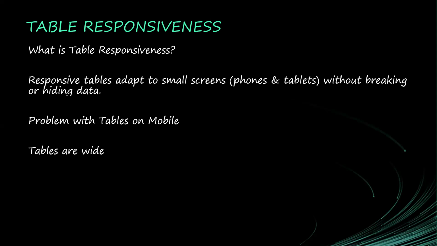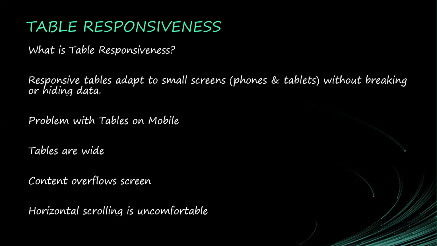Tables are wide. The content might overflow the screen. The table might be wider than the width of the screen of mobile devices. So horizontal scrolling will be difficult or uncomfortable.